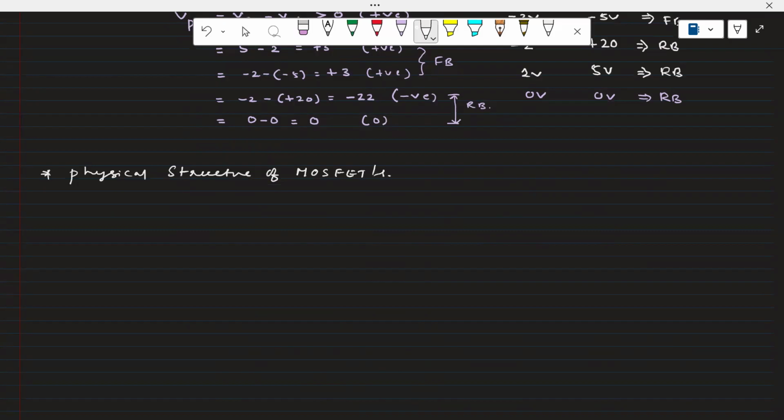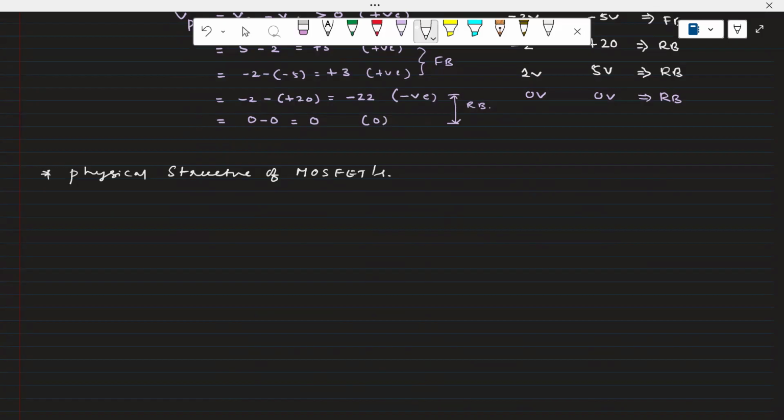Why do we need to talk about the MOSFETs? As you know, all the analog electronic circuits nowadays are realized by using the MOSFETs only. Okay, because of various reasons.